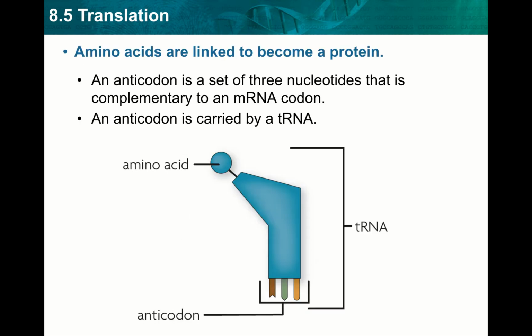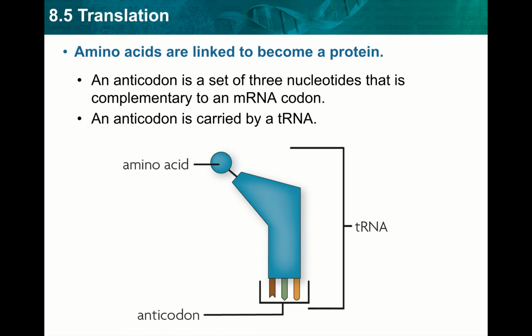So your codon is found on the mRNA strand. An anticodon, important to write in your notes, is a set of 3 nucleotides that is complementary to the mRNA codon, and it's found on your tRNA, your transfer RNA, which we've learned about before. You can see it's kind of a triangle-shaped thing, and it carries the anticodon, and it also carries an amino acid.